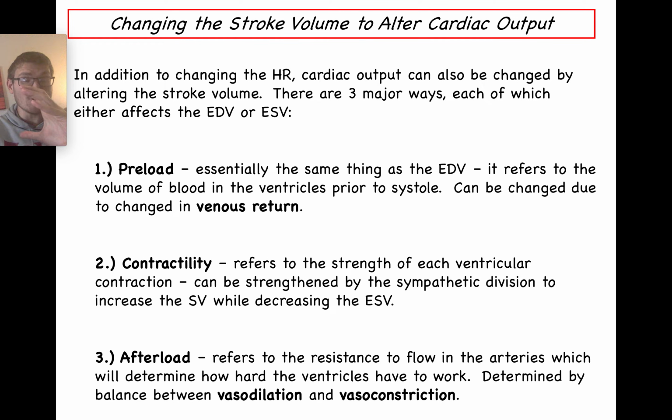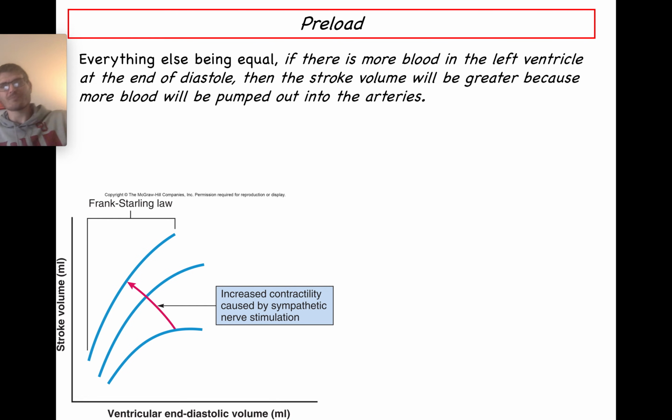We reduce the resistance to blood flow, so the ventricle is not going to have to work quite as hard to get that blood to flow through a very wide open vessel. But if we vasoconstrict that artery, we increase the resistance to blood flow, and the ventricles are going to have to pump extra hard in order to get that blood to flow through a very narrow vessel.